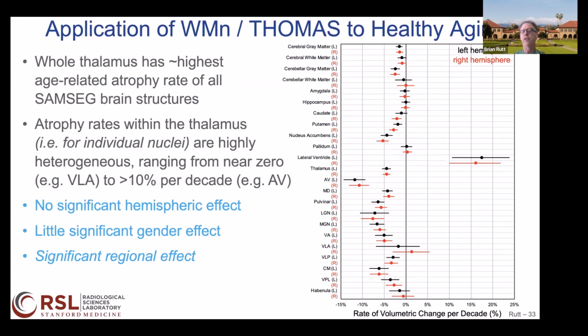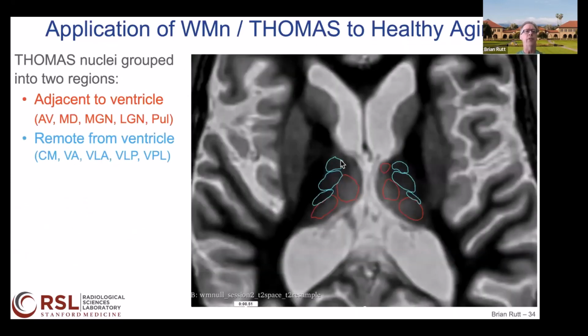There was a significant regional effect, and this was very interesting, and I want to show you one also very new result that relates to the regional effect, particularly given some of the comments that Toma just made in his flash talk earlier. In speaking about this with Toma and sharing some of this data with him, he mentioned his work in MS related to proximity to the third ventricle.